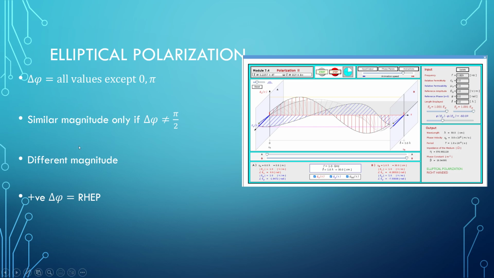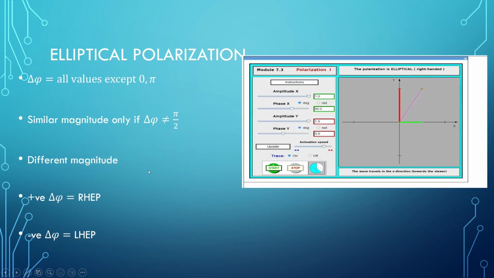And as we said before, if we have a positive phase difference, we'll have a right hand elliptical polarization, and when we have a negative phase difference, we will have a left hand elliptical polarization.